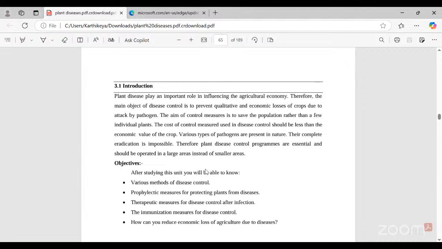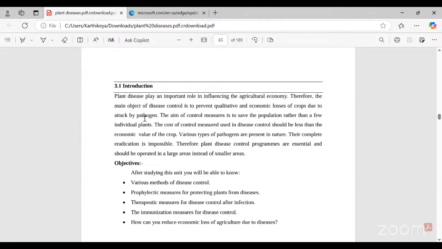Therefore, the main objective of disease control is to prevent qualitative and economic losses of crops due to attack by pathogens. The aim of control measures is to save the population rather than a few individual plants.